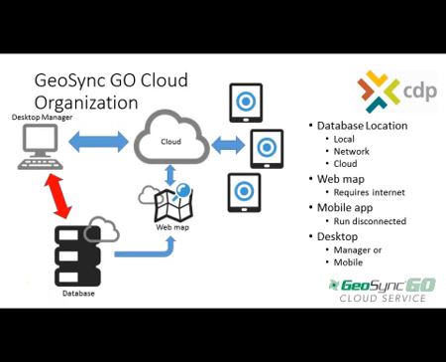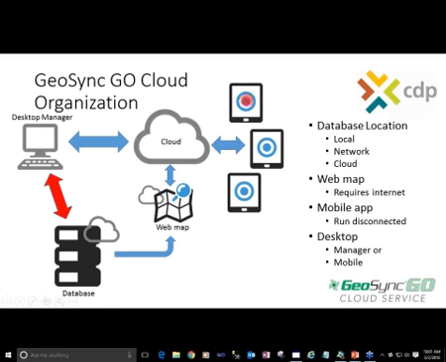Just an overview of how GeoSync GO, the cloud service, is organized, and particularly thinking about this from what we're looking at today. From our mobile devices, part of the benefit of GeoSync GO is that ability to fill out a form in the field.